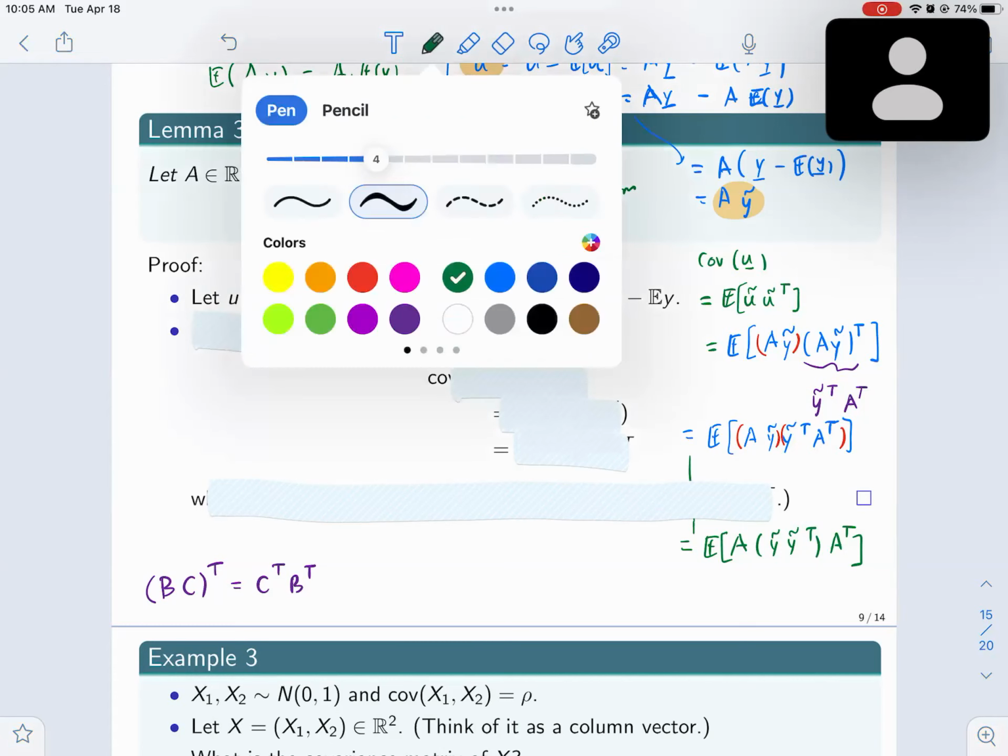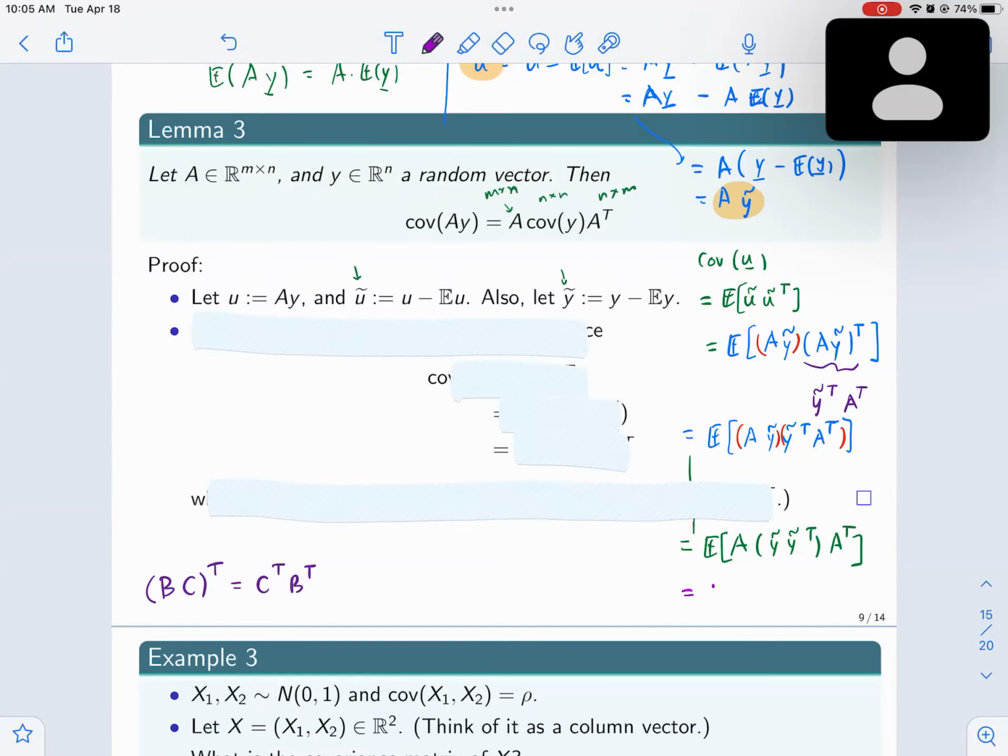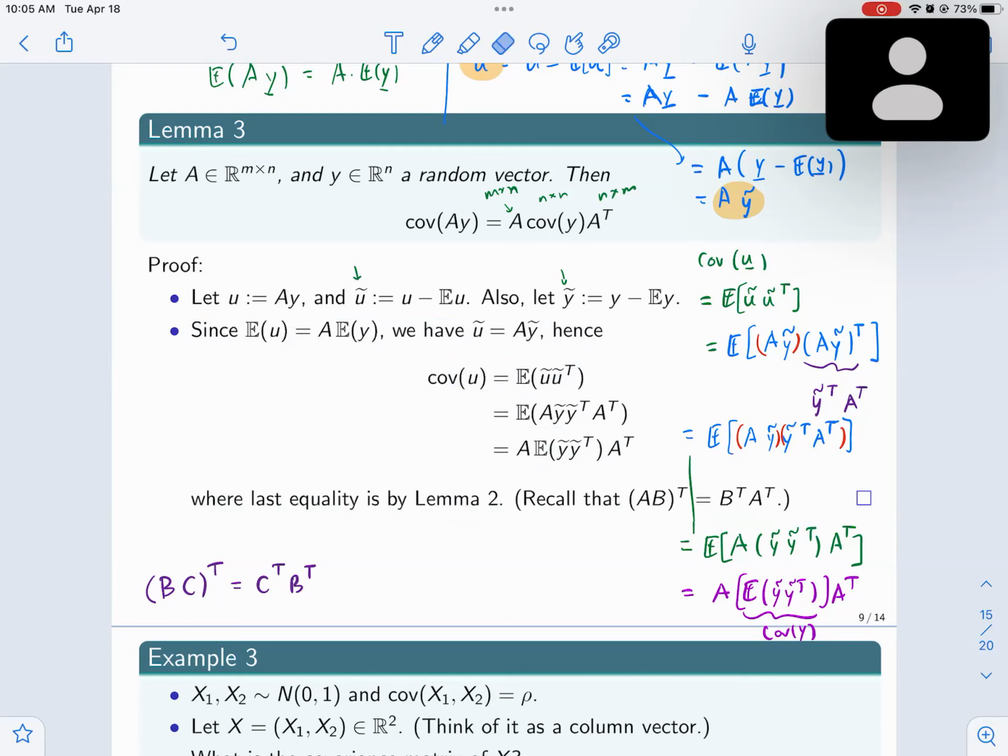So A comes out from this side, A transpose comes from the other side, and I get expectation of y tilde transpose here. And this happens to be by definition the covariance of y. Okay, so that's the thing that we wanted to prove. That's the proof.